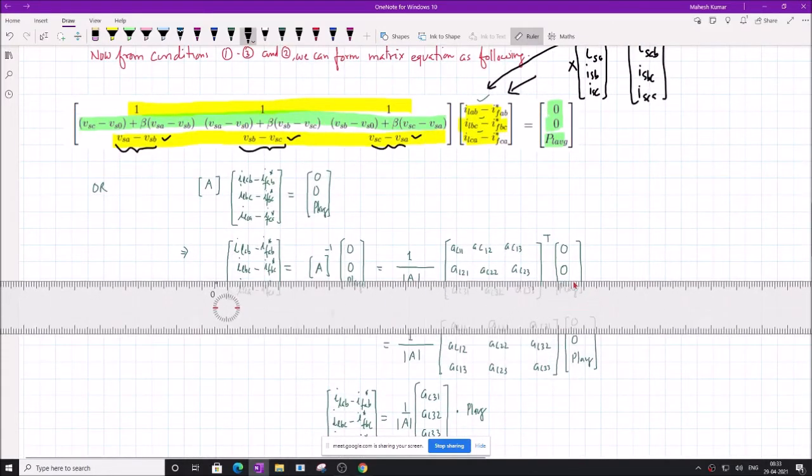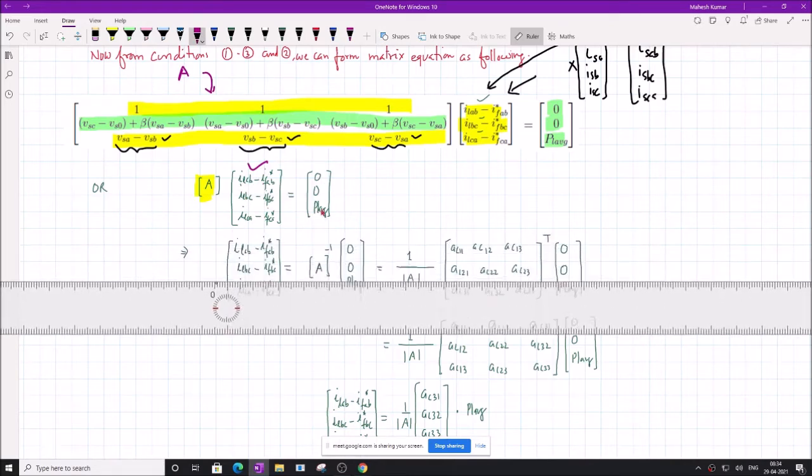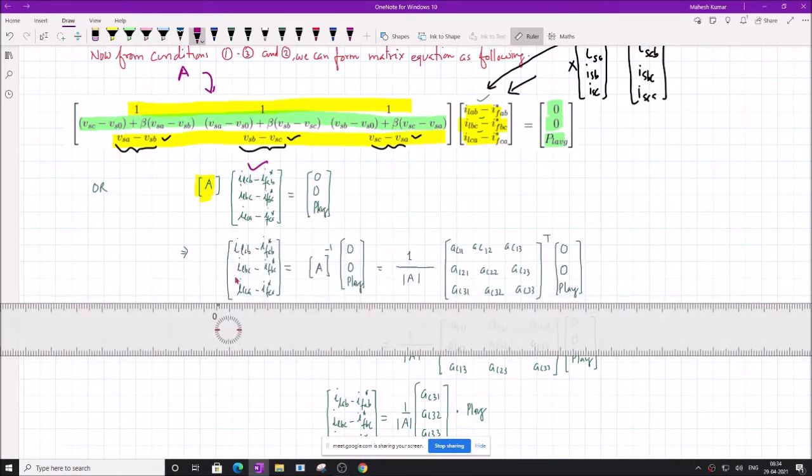We will first denote in this form the matrix A, which is this matrix, into the column vector of currents here equal to 0, 0, PL average. Therefore the currents column vector on the left hand side is equal to A inverse into 0, 0, PL average.